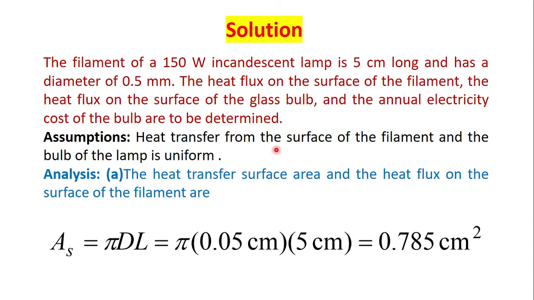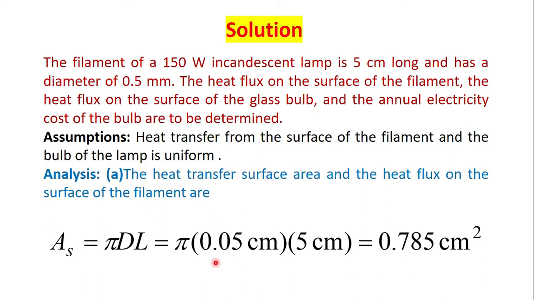The assumption that we take is that the heat transfer from the surface of the filament and the bulb of the lamp is uniform. So the first part of this problem is to determine the heat transfer surface area and the heat flux on the surface of the filament. This is the surface area of the filament and the dimensions are given in the question statement, that is 5 centimeter long and 0.5 millimeter the diameter.